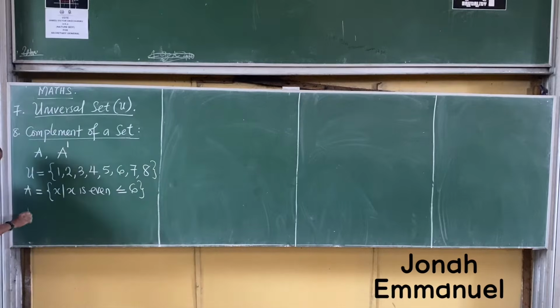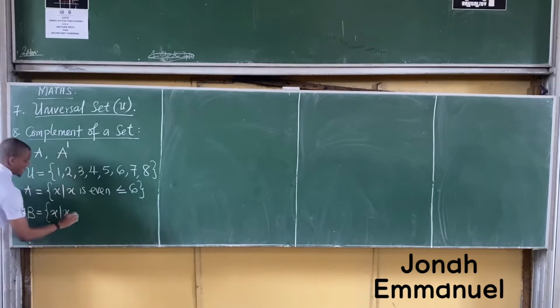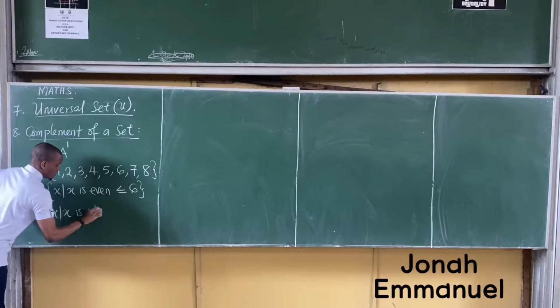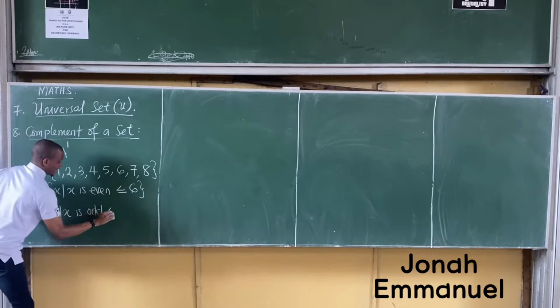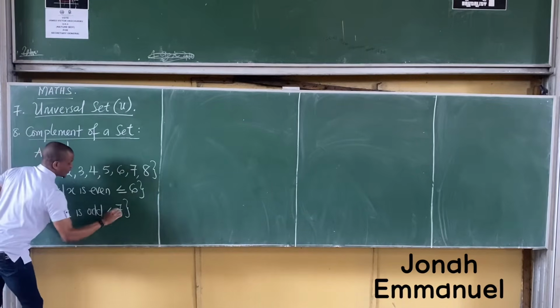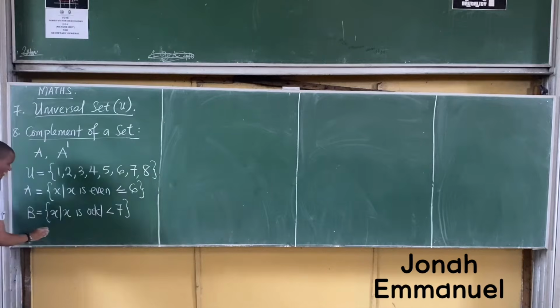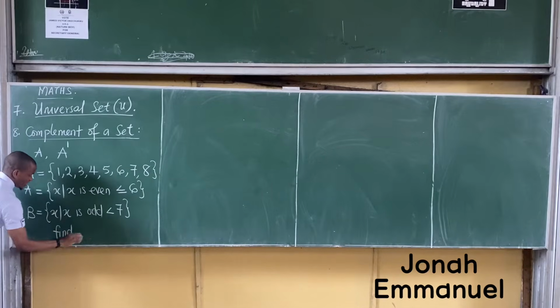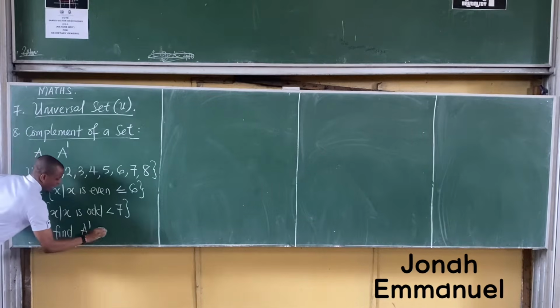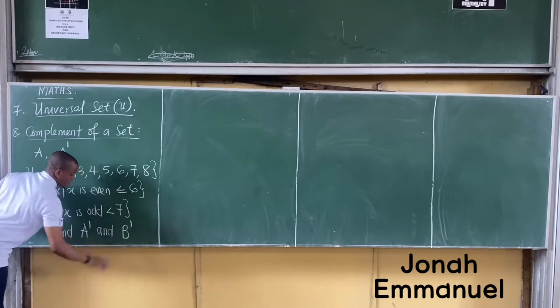Let's say I have B equal to x such that x is an odd number less than 7. We are asked to find the complement of A and the complement of B.